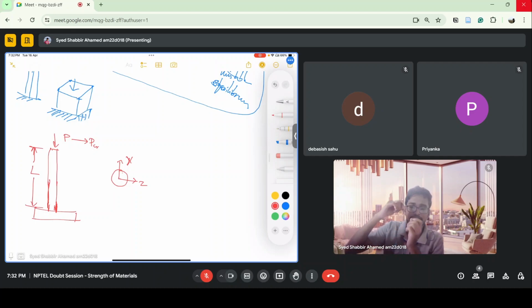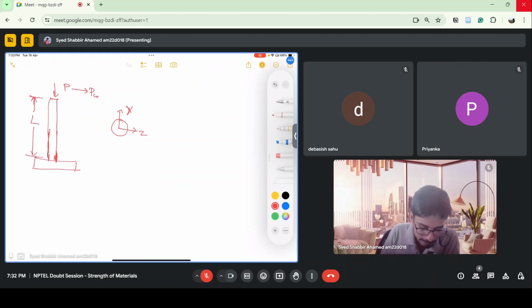I can have a slight eccentricity, like a centimeter, which will lead to buckling in some direction. A lot of things are not in our control. It can buckle in any direction.